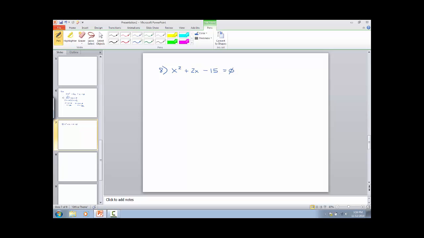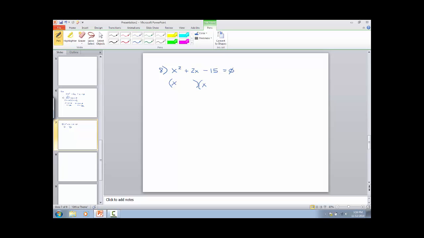Again, we have to use our factoring skills. We know that the coefficient in front of the x is 1 because it's factors of 1. Now we know that the second number in the binomial is factors of 15. That would be 3 and 5 and 15 and 1.